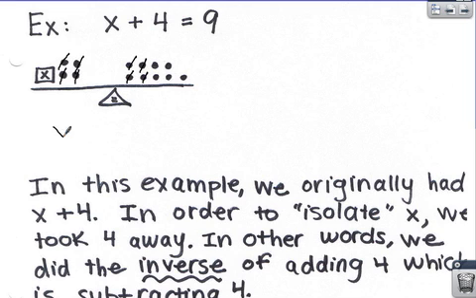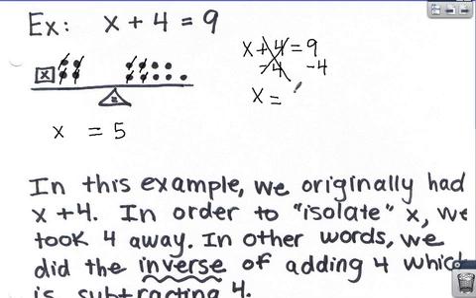Then I'll be left with x on the left side of the equal sign and 5 on the right side of the equal sign. In other words, we took x plus 4 equals 9, and we subtracted 4 from the left and 4 from the right of the equal sign. These cancel because positive 4 and negative 4 equals 0, so I'm left with x equals 5.